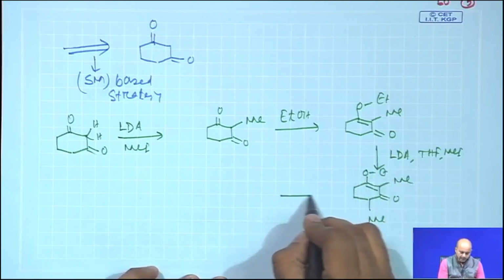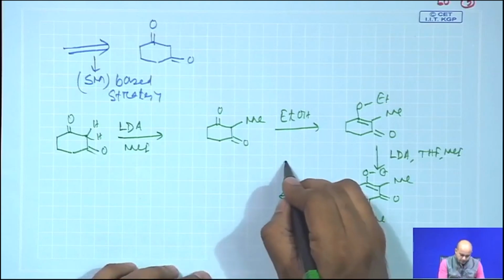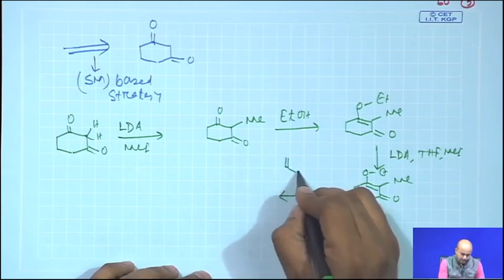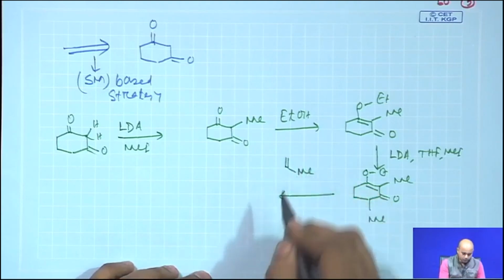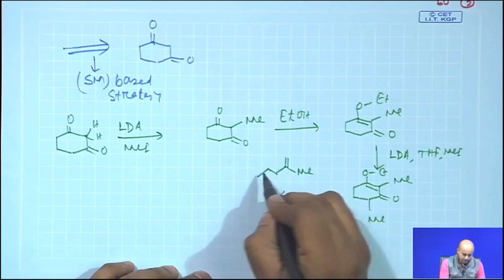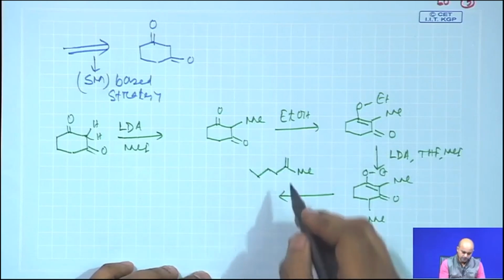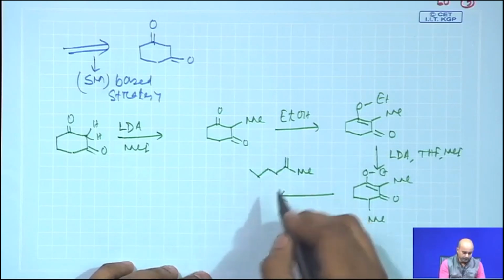Now, your allylic transposition has to take place. The particular appendage which you need to introduce, just go back to the earlier page, you will find that you basically need these appendages.